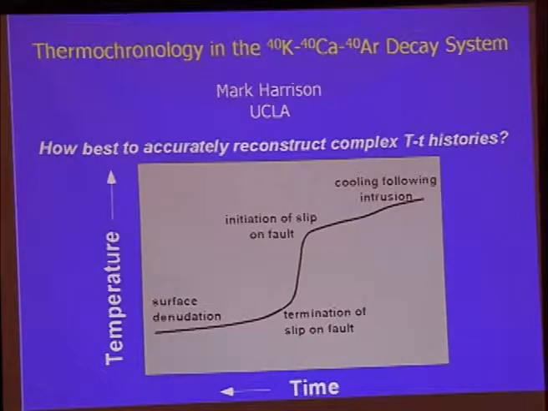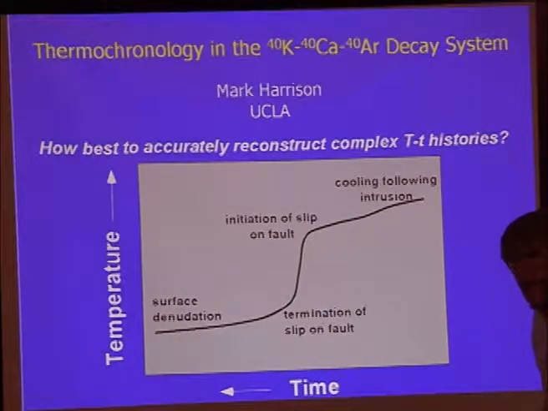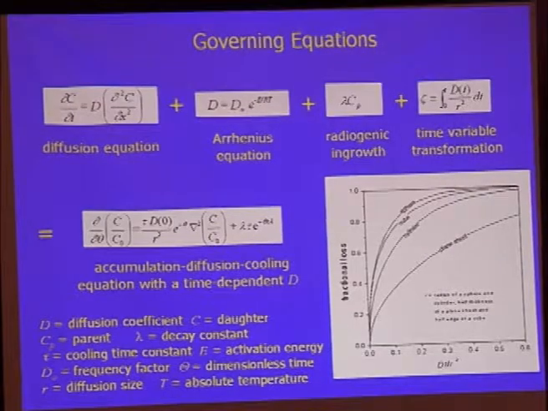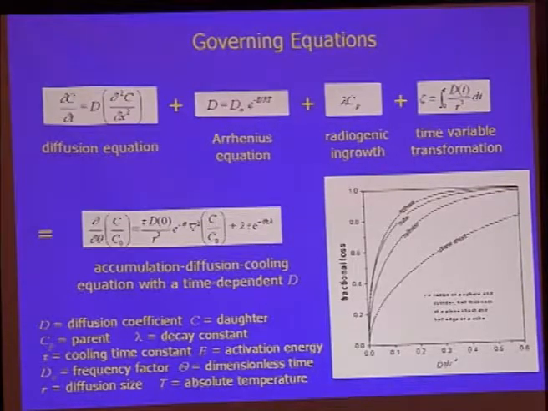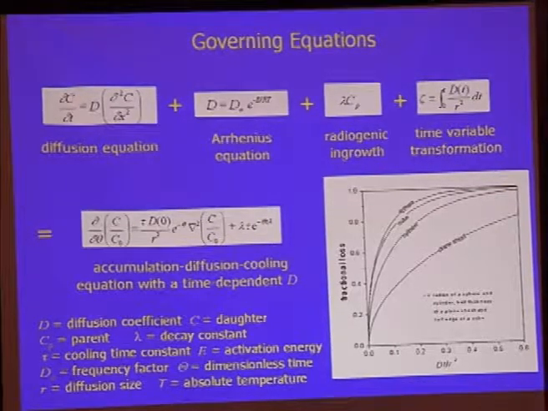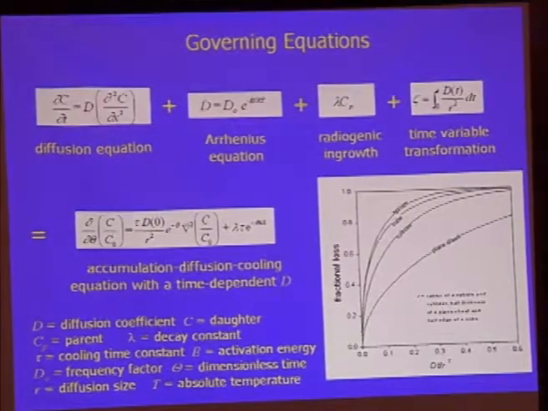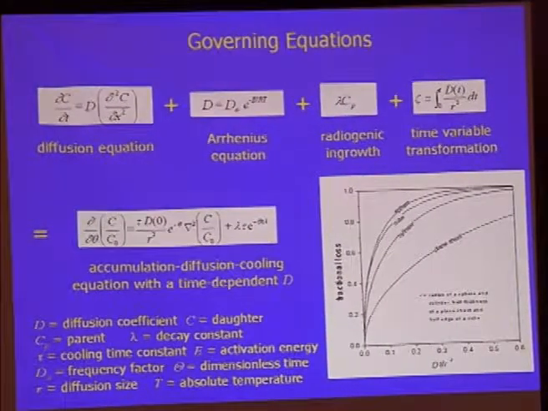And I'm going to return to this in a few moments, but first we'll get through the arithmetic. What is thermochronology? Thermochronology is essentially the diffusion equation plus, okay? I'm going to keep this relatively simple.